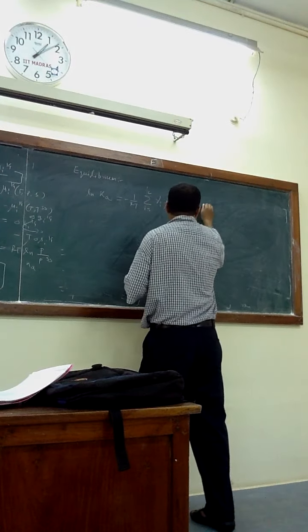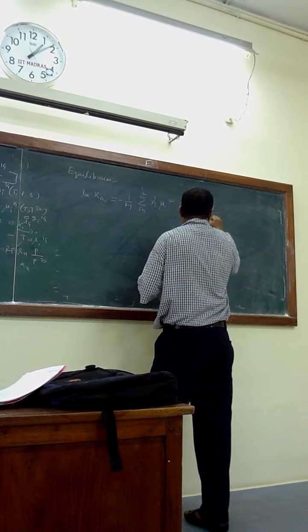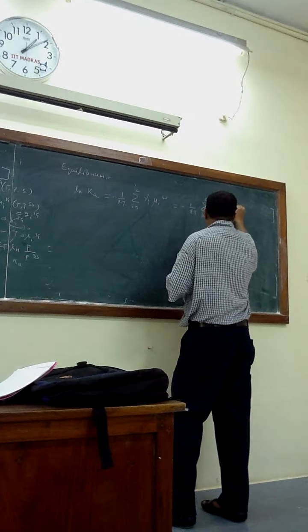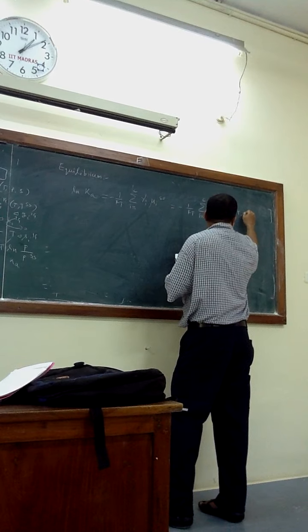You can also write minus 1 by RT summation I equals 1 to C gamma I mu I SS.